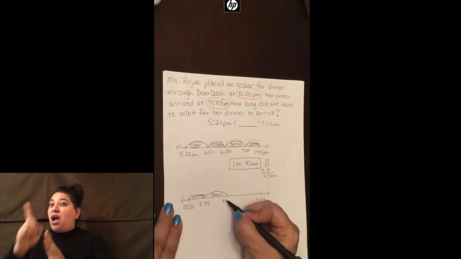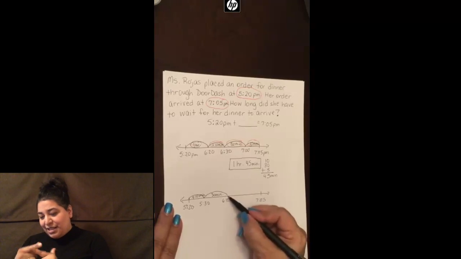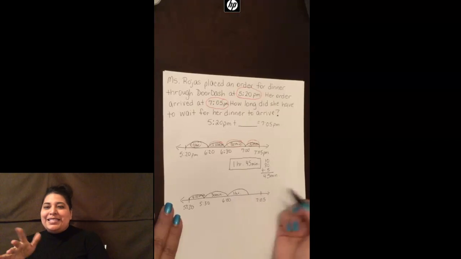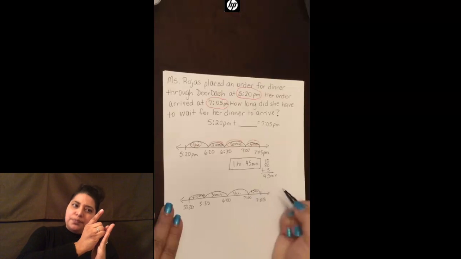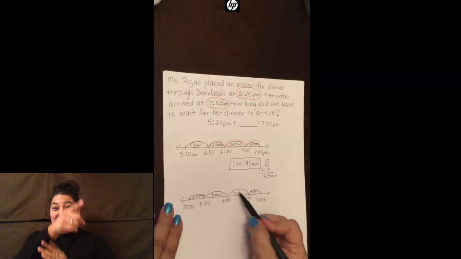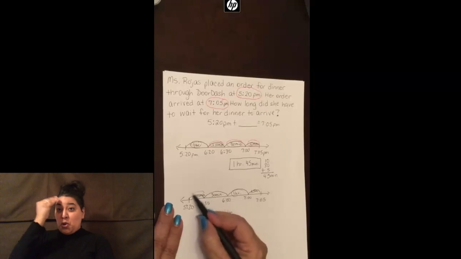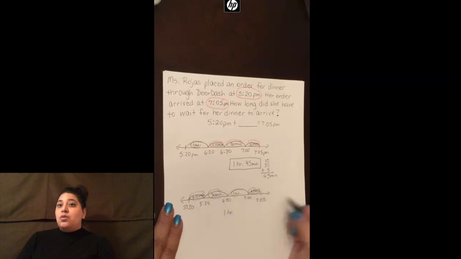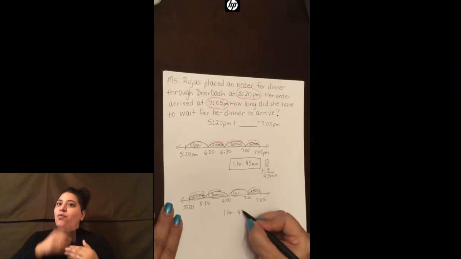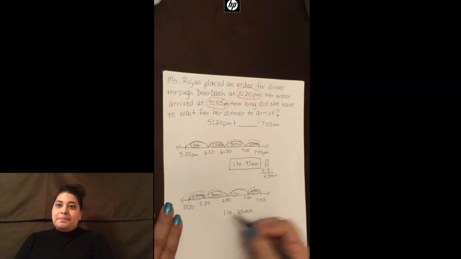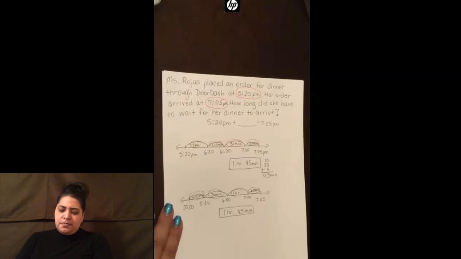If I add 30 minutes, that's going to put me to 6 o'clock. But at this point, it's kind of easy to see that I can add 1 more hour to put me at 7 o'clock, and then my 5 more minutes to get me to 7:05. And again, we've got your 1 hour. We have 10 minutes, 30 minutes, and 5 minutes, just like we've added up here. And I know that that is going to give me a total of 45 minutes. We still end up at 1 hour and 45 minutes.